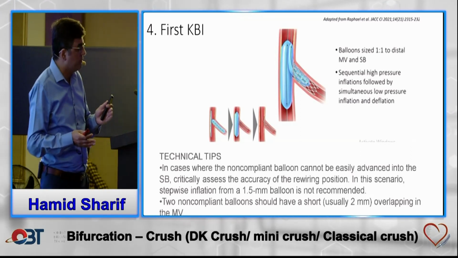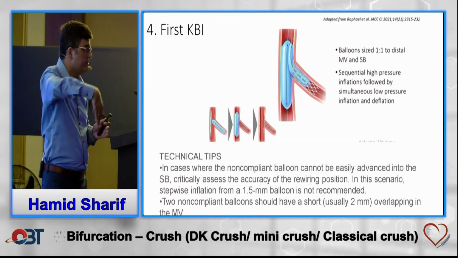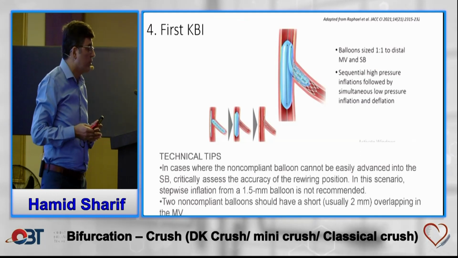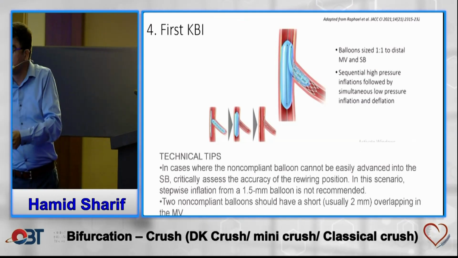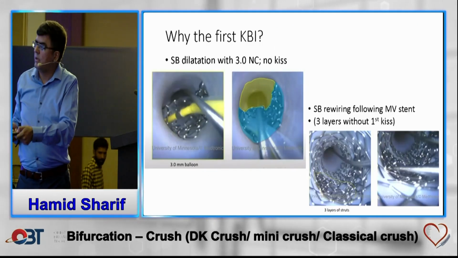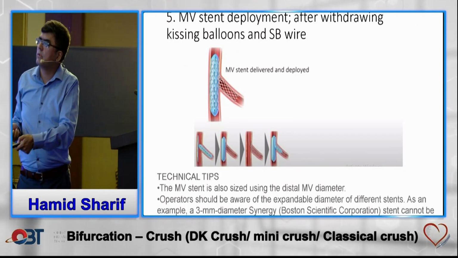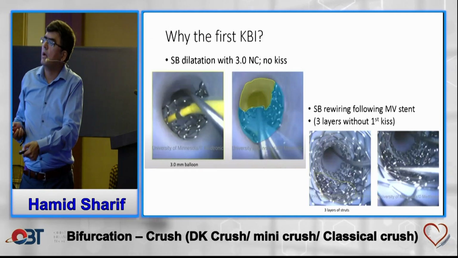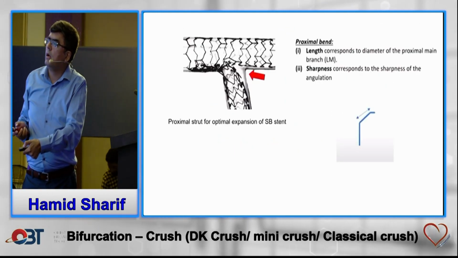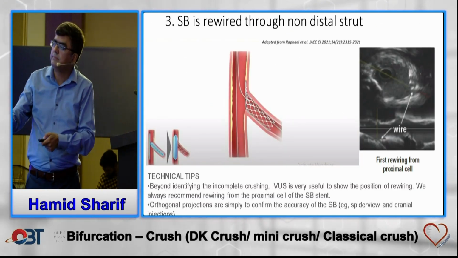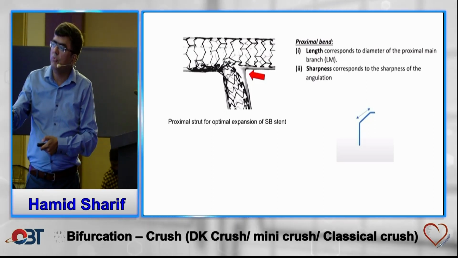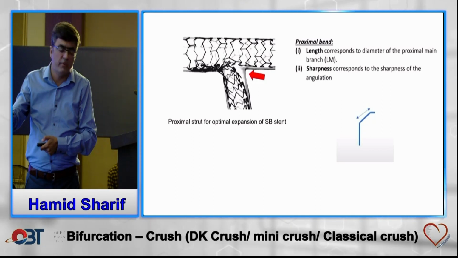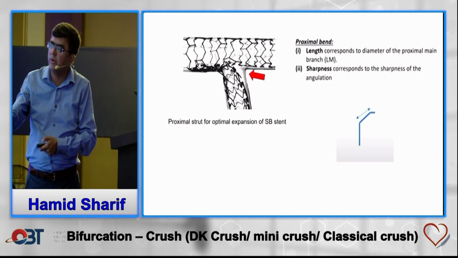If it's not going, then first of all, reassess the side branch wiring, whether it has gone through the non-proximal strut or not. For example, if it has gone from here, that is why the balloon will have difficulty in crossing, because there will be already crushed struts, your wire will be abluminal.